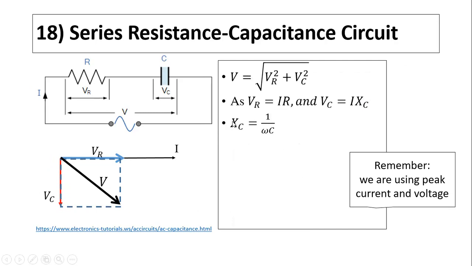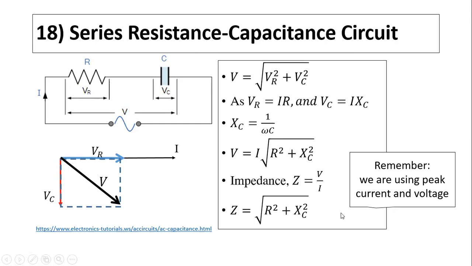And then remember that our XC is 1 over omega C. Put inside there, we can take our I out. And we get R squared plus XC squared. And we can take this I down. Remember, this is peak value. Z is V over I, that's your impedance. So from here, the impedance is the square root of R squared plus XC squared.